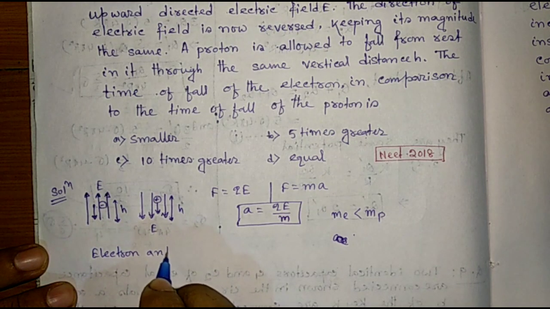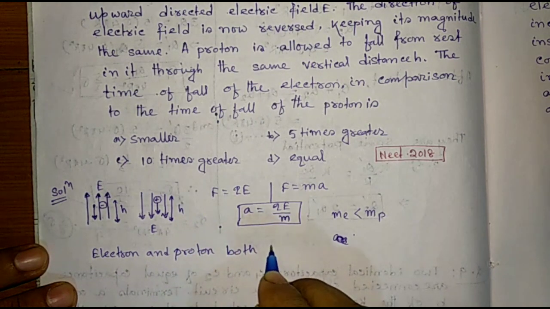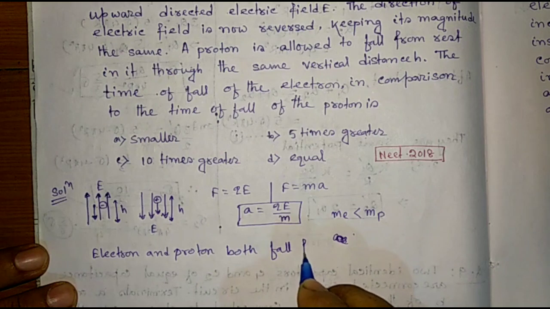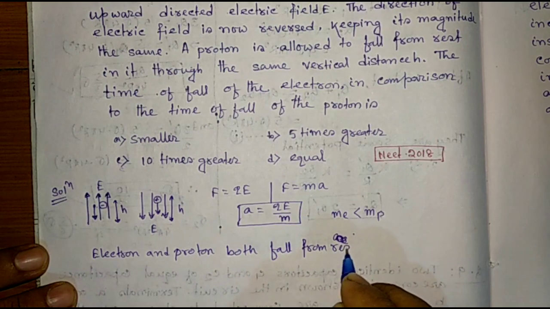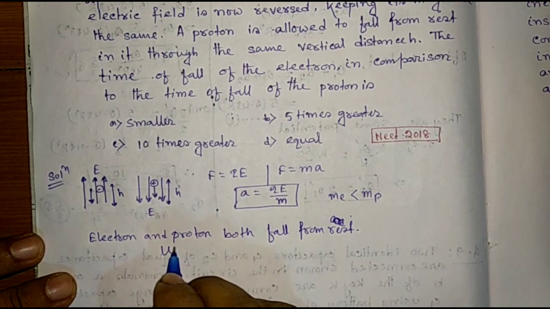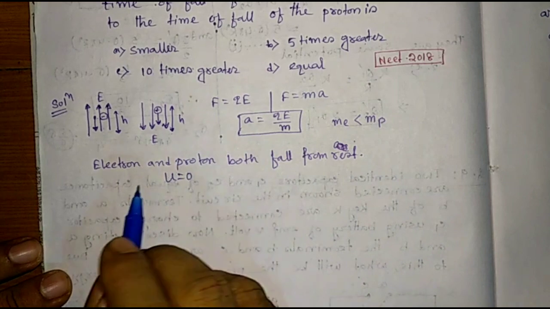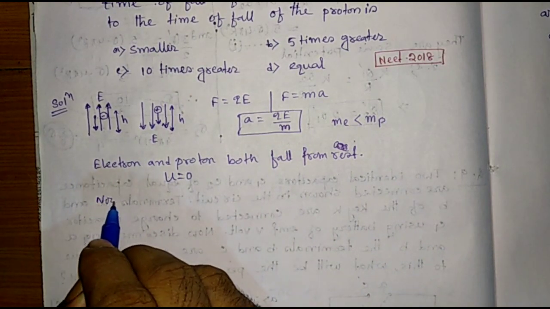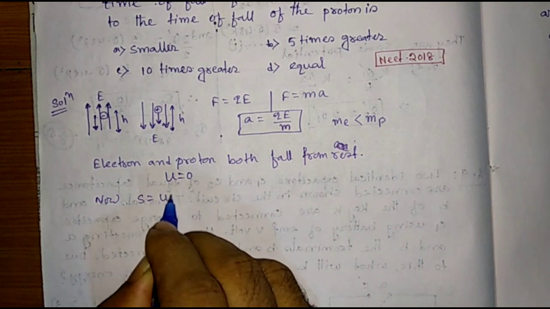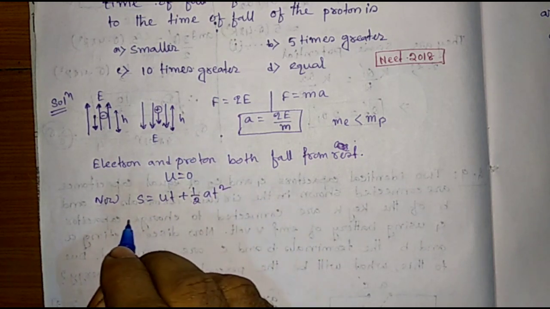Electron and proton both fall from rest, so u is equal to 0 here. Now we know s is equal to ut plus half a t square.